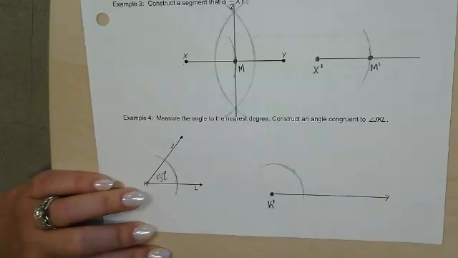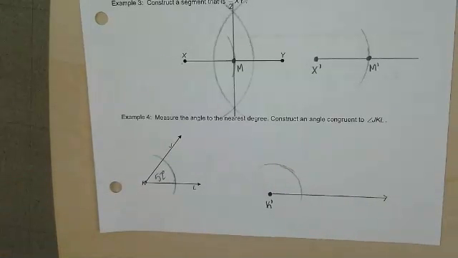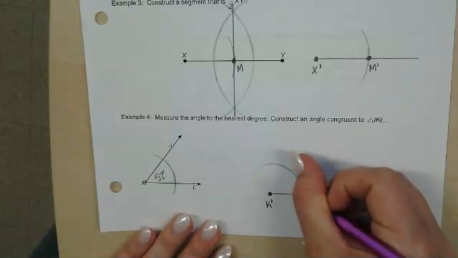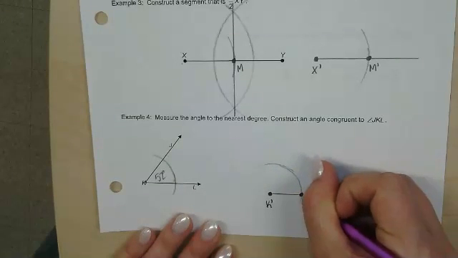I went a little bit further than the last time. Okay. So once we have drawn that arc, it says to label the intersection with the ray as the point L prime. So right here where that intersected, I'm supposed to name this L prime.